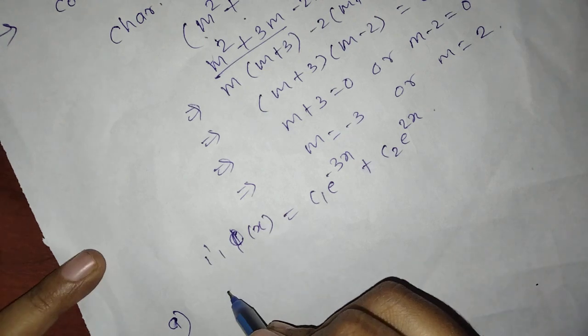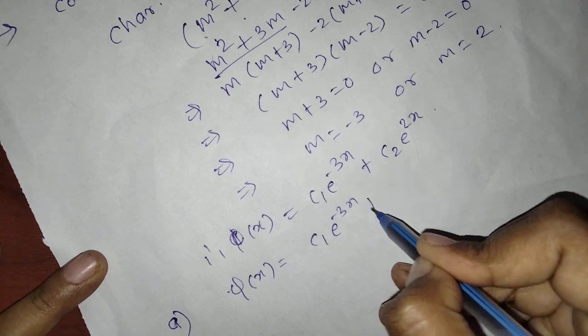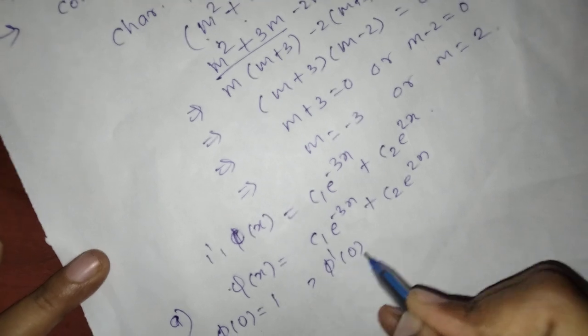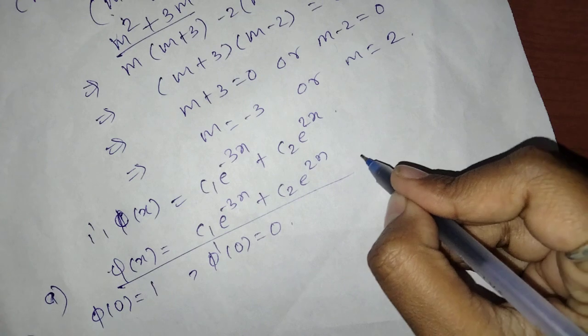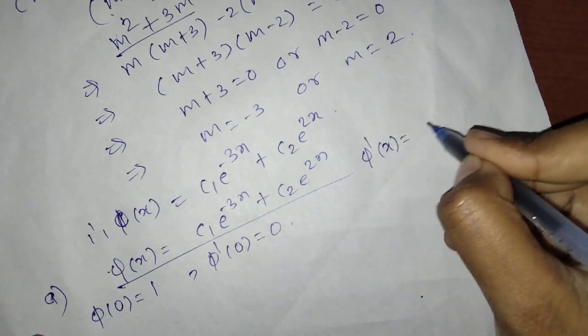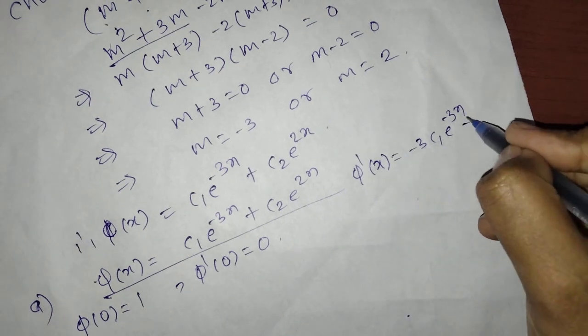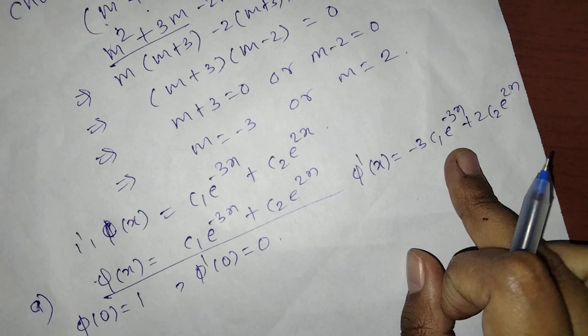For the first, phi(x) = c1 e^(-3x) + c2 e^(2x). Given conditions phi(0) = 1, phi'(0) = 0. Here, calculate phi'(x), which is equal to -3c1 e^(-3x) + 2c2 e^(2x). The derivative of this is nothing but this.